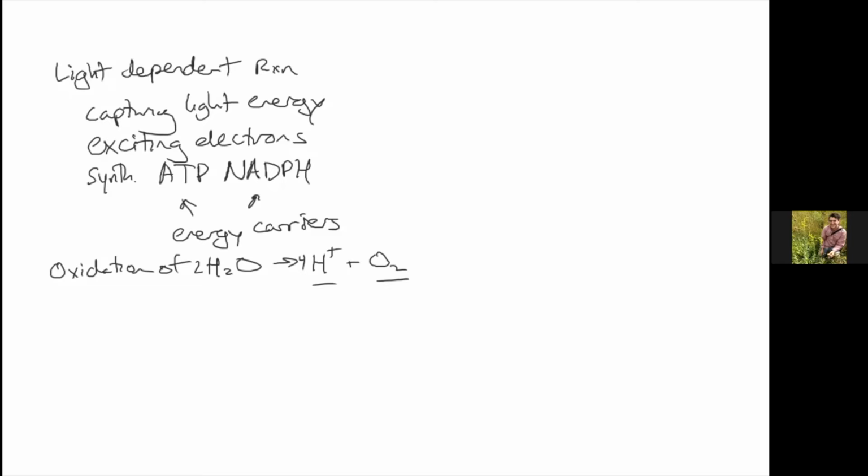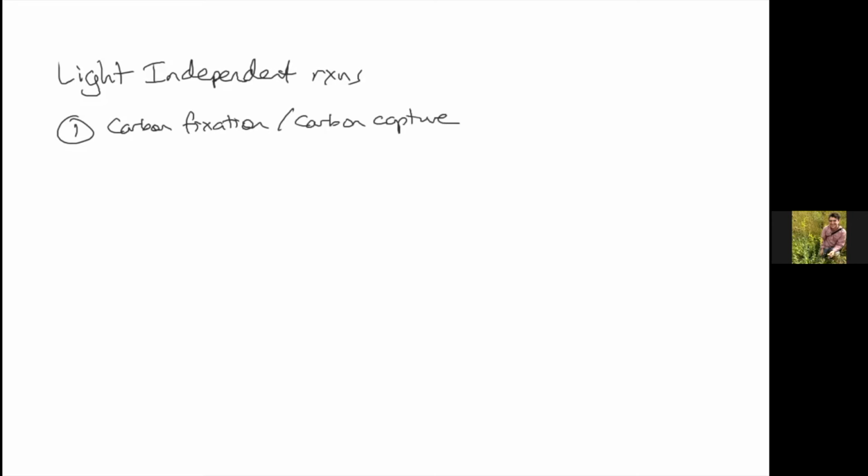The next part, part 2 of photosynthesis, is the light-independent reactions, or the Calvin cycle. The first phase in a C3 plant is carbon fixation, carbon capture. So we mean pretty much the same thing here when we talk about carbon capture and carbon fixation. This process involves an organic molecule that's in the stroma of the chloroplast.